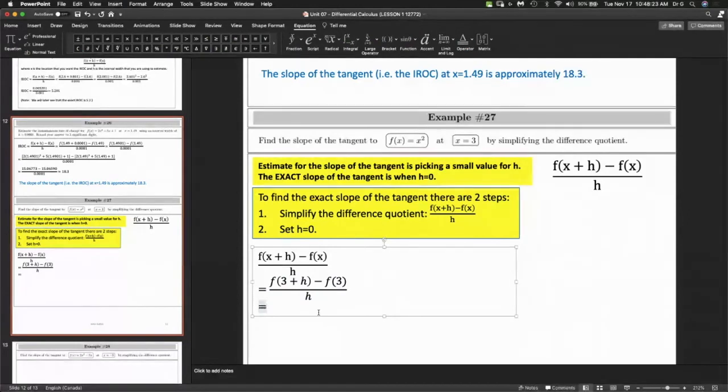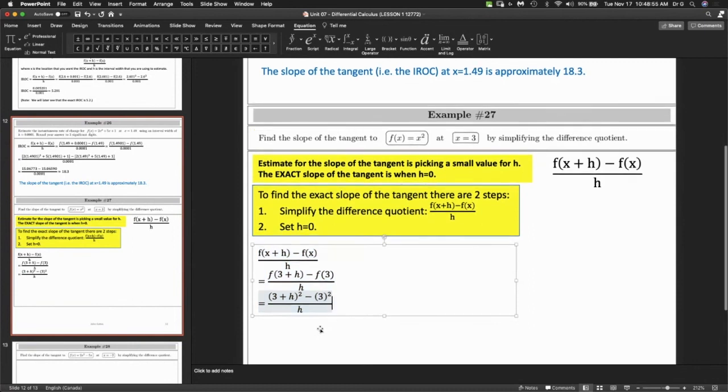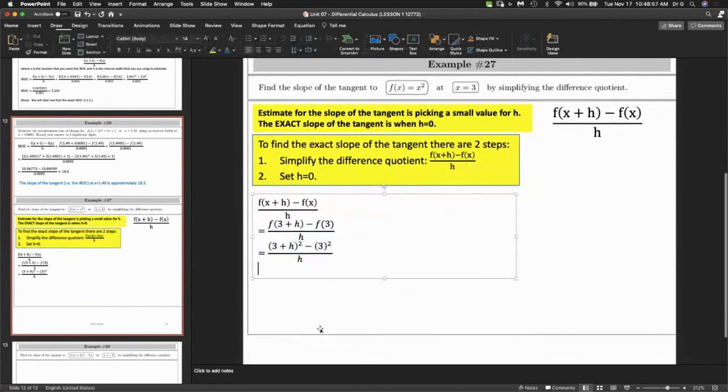So what you want to do is plug in 3 plus h into this function here. So if you do that, you get 3 plus h squared. And then if you want f of 3, you plug in 3 into this function and get 3 squared. And your objective here is to simplify this difference quotient, and eventually you want to set h equal to 0. So let's simplify this as best we can.